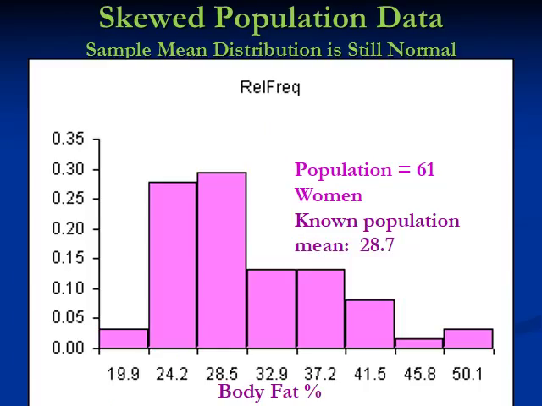Okay, so one thing I want to talk about in this lecture is the really interesting thing that we need to understand: no matter how skewed or wonky or weird our population data are, if we take that imaginary infinite number of samples from that population, and if we graph the means of all those samples we took, we will always end up with a normal curve every time.